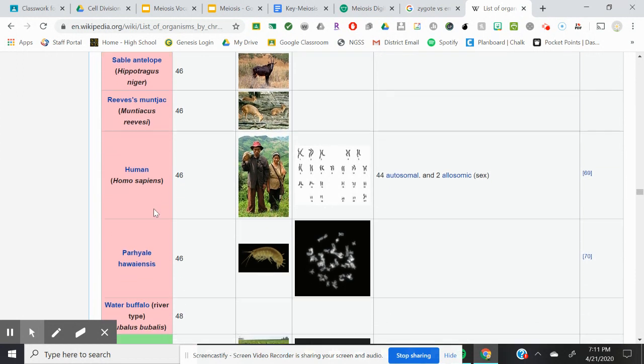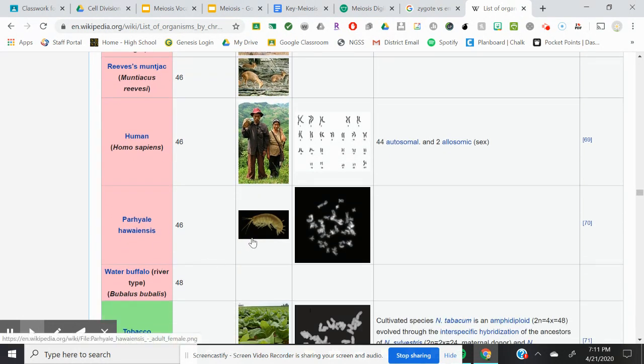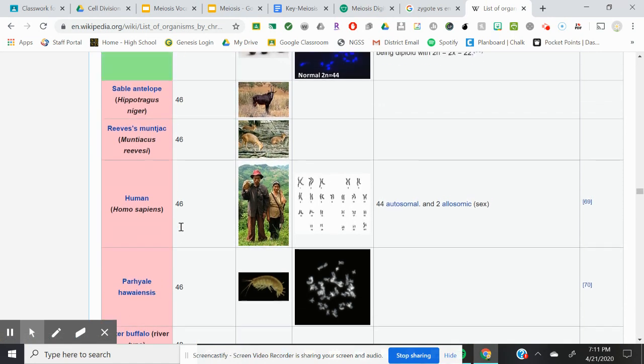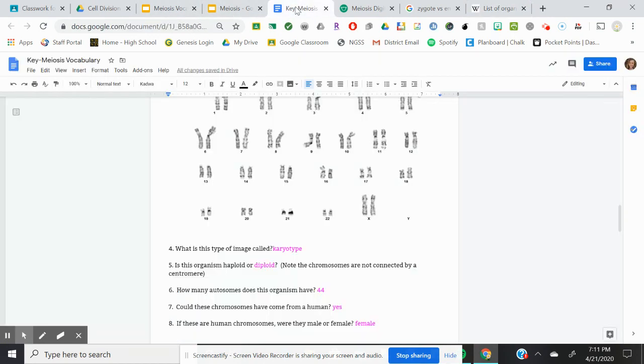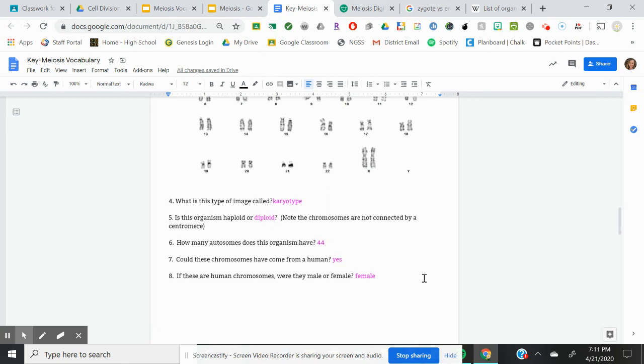This little shrimp thing. This little deer thing. So yeah, this could be from a human, but it could also be from a sable antelope, right? But if this was human, you can determine the sex by looking at the sex chromosomes. Because there are 2 X's, we know that this is female. If there was an X and a Y, it would be male.